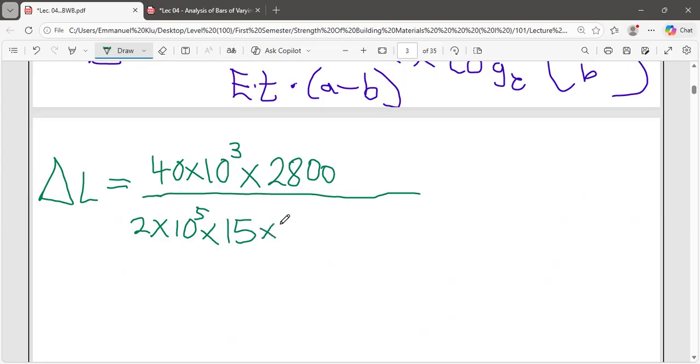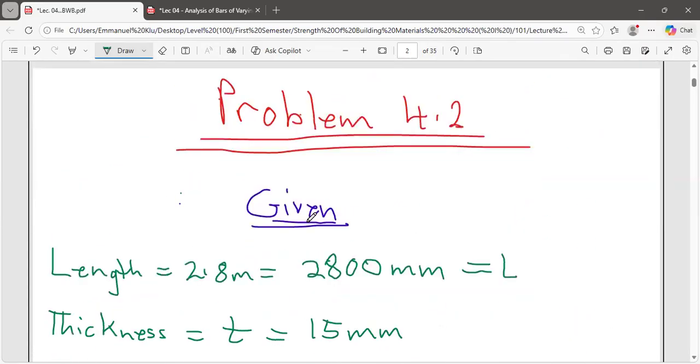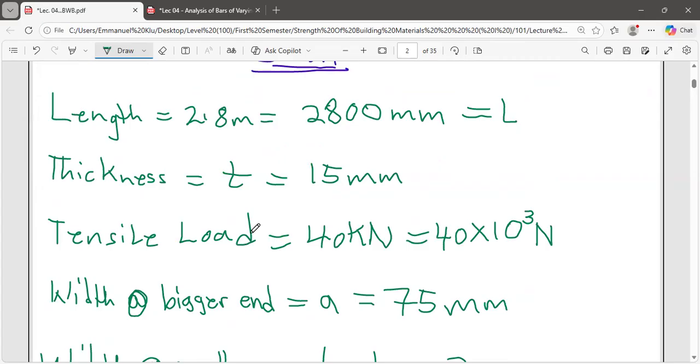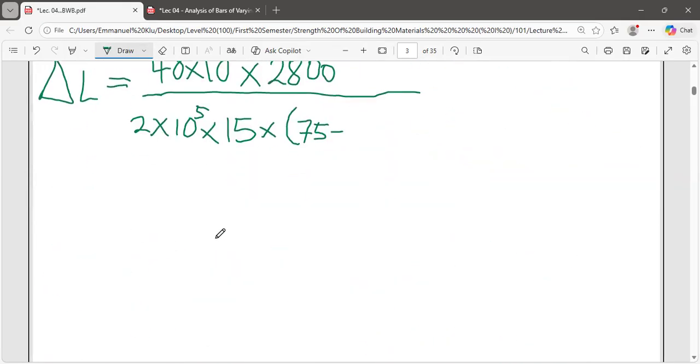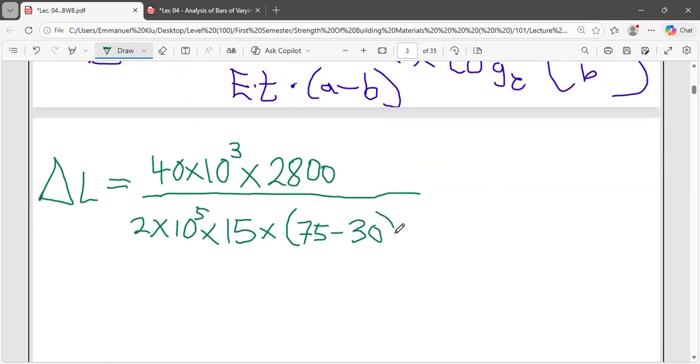Multiplying the difference in width. So A was 75 minus B. And what was the value of B? B was 30, the width at the smaller end. So minus 30. Exactly.